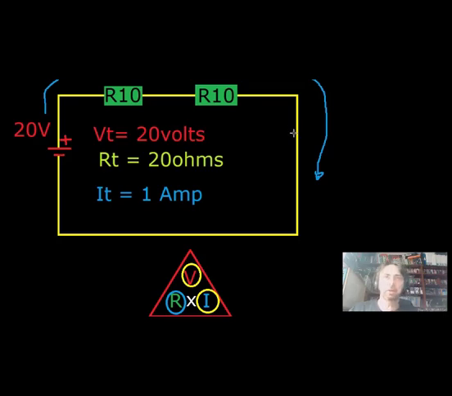It's constant. In series circuits, the current is constant, because in a series circuit we call it a voltage divider. When it's in parallel, which we're going to show you in the next example, it's called a current divider. So if we multiply the resistance by the current, it's 1 times 10, that would give us 10 volts.